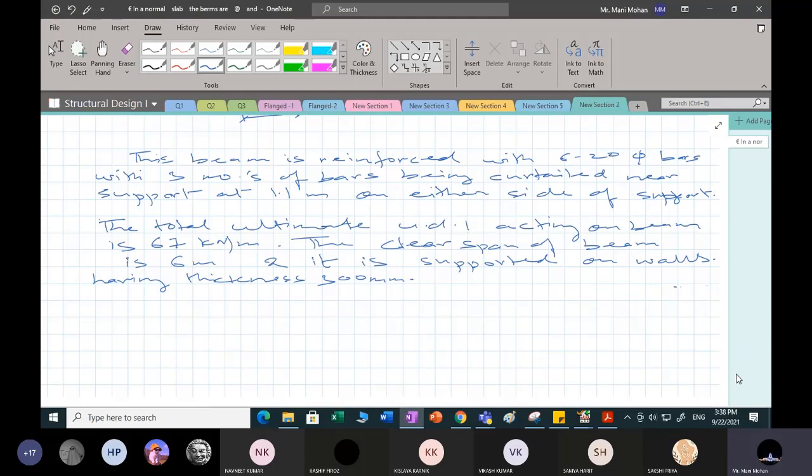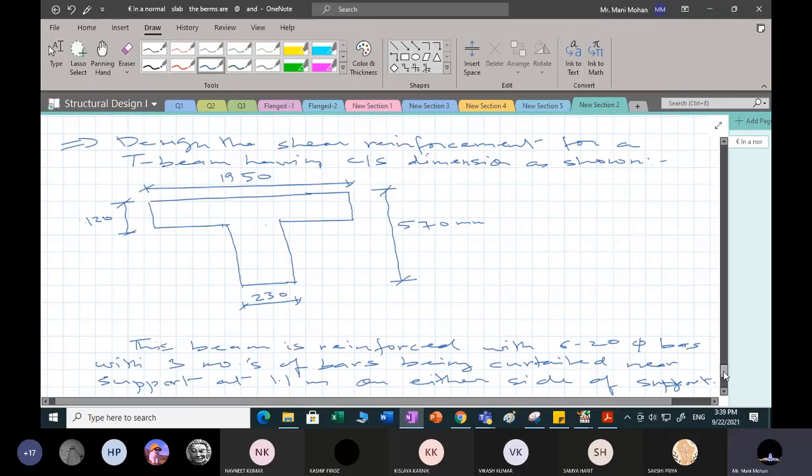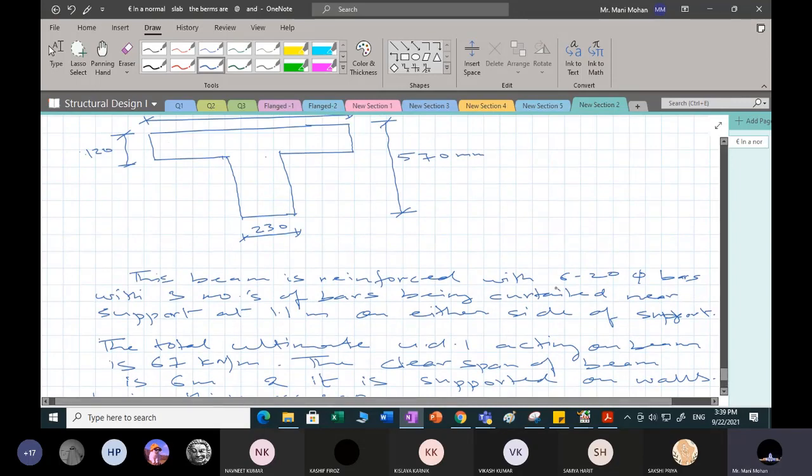So how to start? As you can see, you have different flexural reinforcement. One is 6 20 dia bar, which is being provided at midspan, and as we come at support, it reduces to 3 20 dia bar.